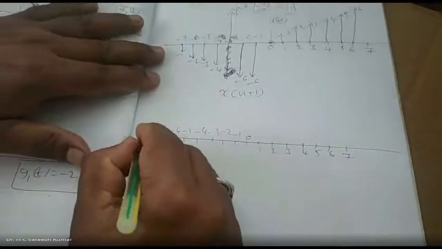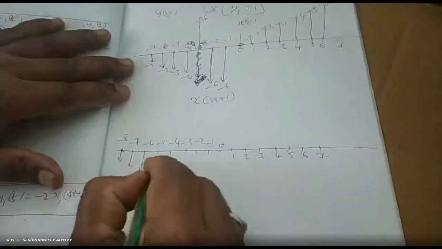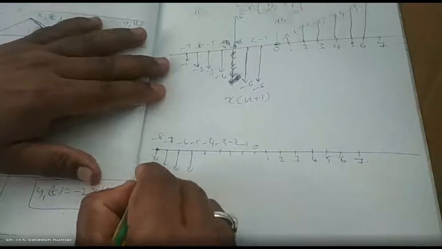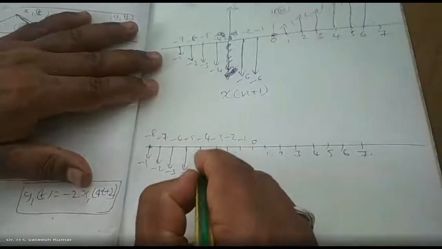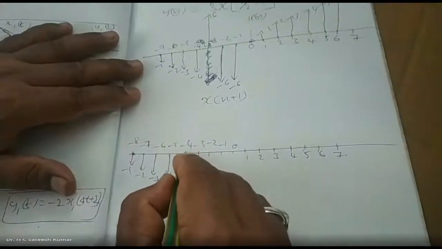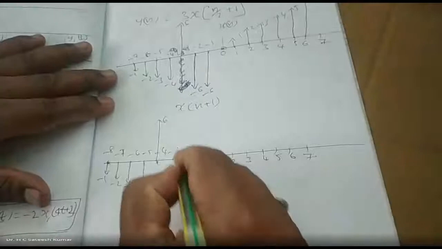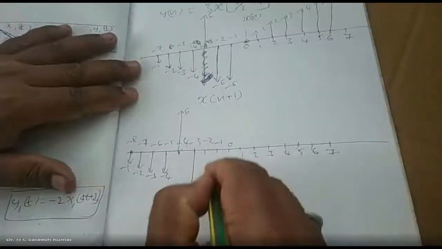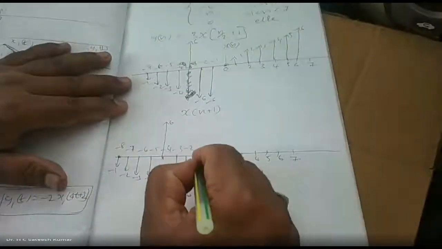Starts from minus 8. Then minus 8 you start, write on the same thing. Minus 1, minus 2, minus 3, minus 4. And at minus 4 we have 6. And minus 3 you will get minus 6. Minus 2 also minus 6. Minus 1, 0.